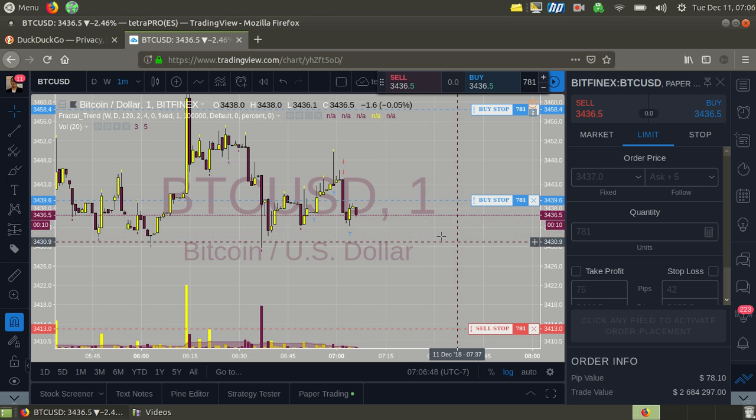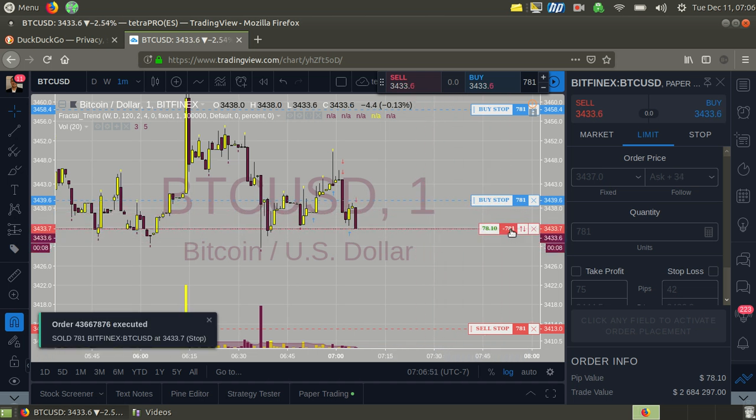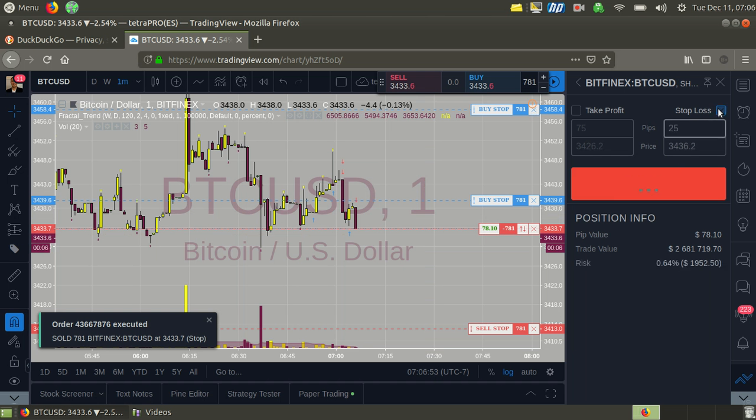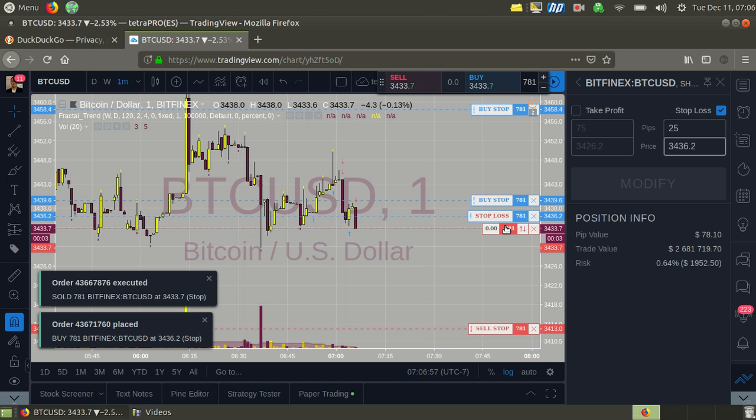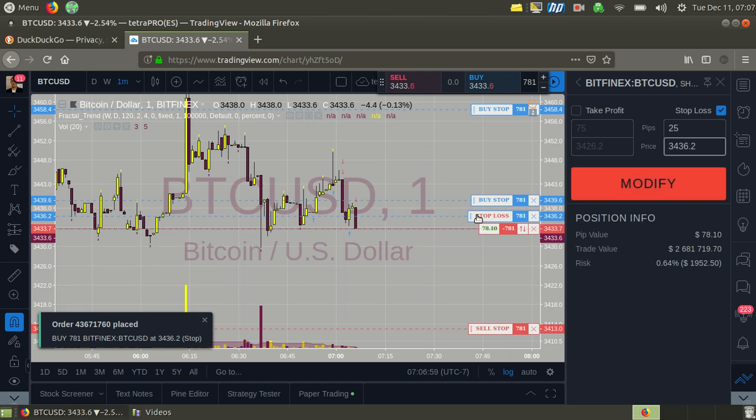Right. And then I just move my stop loss. See, now here it triggered down. I'm going to go ahead and add a stop to this. Playing with fire by really not having one preset there.